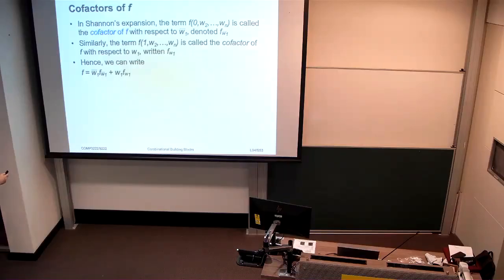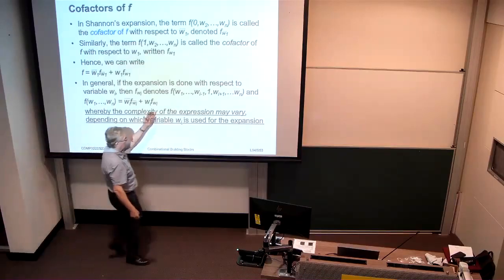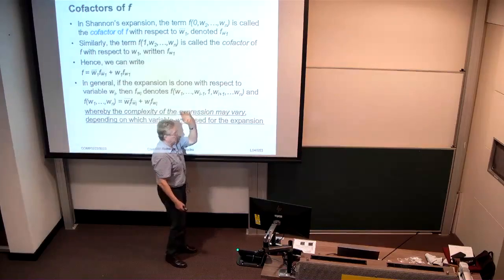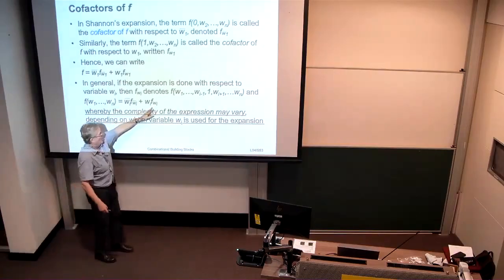So we can write in shorthand the expansion in this way here. So we have F is equal to W1 bar and the cofactor of F with respect to W1 bar, or W1 and the cofactor of F with respect to W1. We can do that in general for any one of the n variables that are in our function. So for the ith one, we would write it this way.